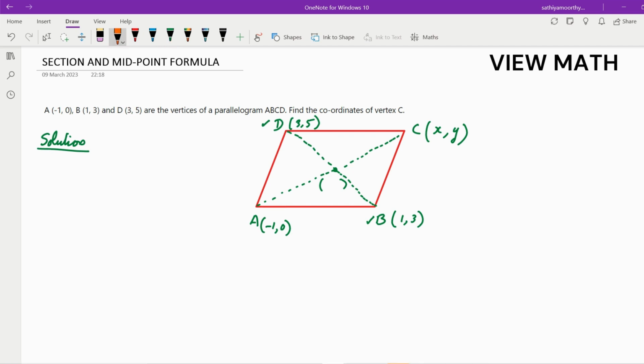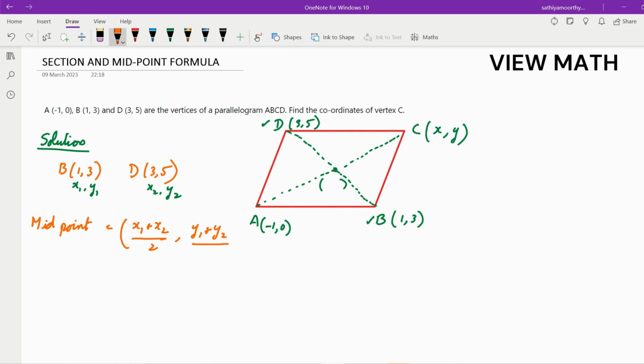So let me explain while doing it. First I'm going to take the BD diagonal. B coordinate is (1, 3) and D coordinate is (3, 5). So this is my x1, y1 and this is x2, y2. I'm going to find the midpoint of the diagonal BD. The midpoint formula is ((x1 plus x2) by 2, (y1 plus y2) by 2).